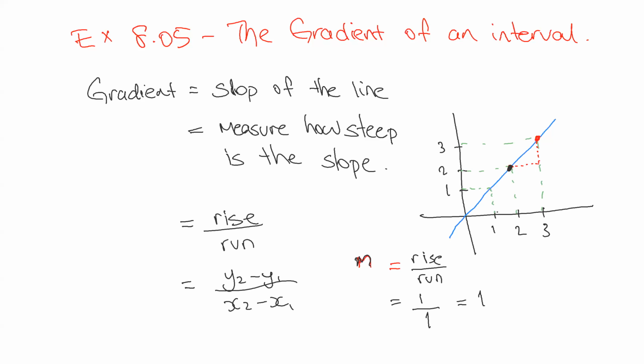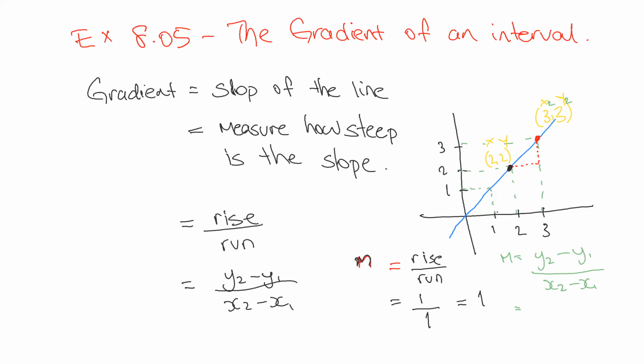Now I'm going to use the second formula, which is y2 minus y1 over x2 minus x1. In this case, I'm going to write down the coordinates of each point. So I'm going to put 2 and 2, and I'm going to put 3 and 3. They're the coordinates of those 2 points. That's going to be the x value and that's going to be the y value. If I'm going to use my x2 value, let's assume this is y2 and that's x2.